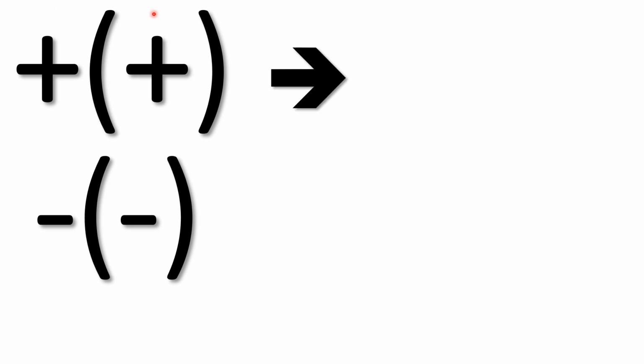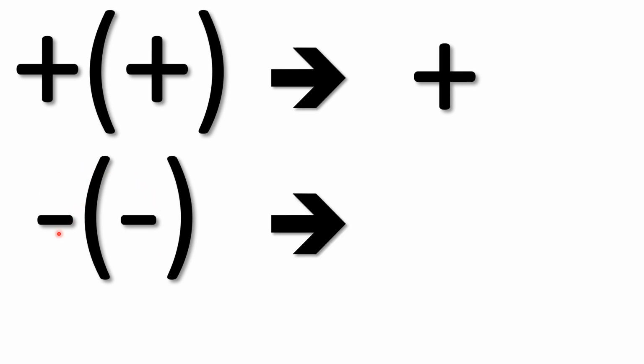It is still positive. If you see 2 negatives, it will become a positive. Negative means I want the opposite sign. There is a negative and the opposite of it is positive. That's why it will become positive.